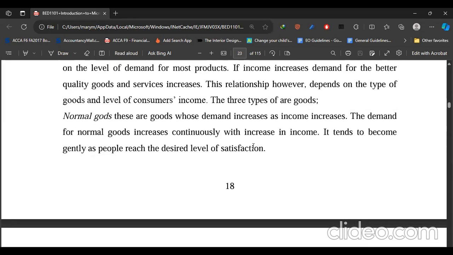There are 3 types of goods. We normally have normal goods, and others. Those are the normal goods. These are goods whose demand increases as income increases. The demand for normal goods increases continuously with increase in income. It tends to become gentle as people reach the desired level of satisfaction.